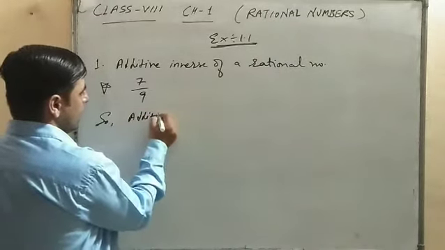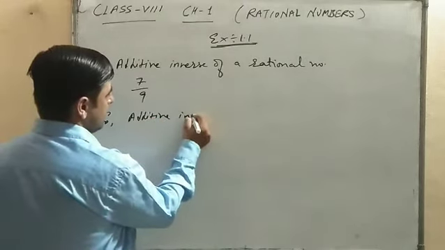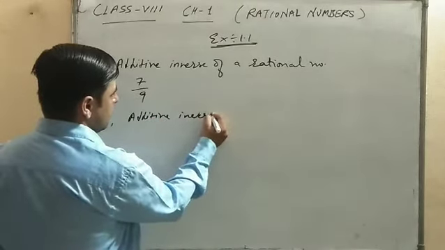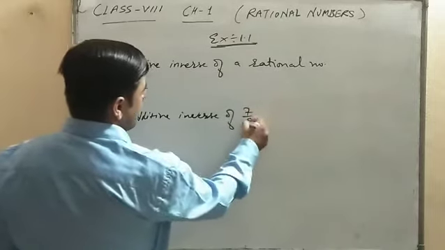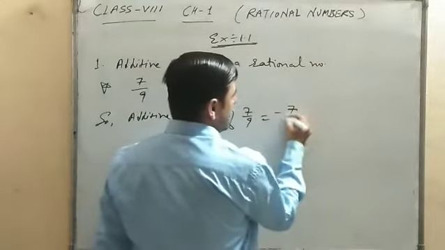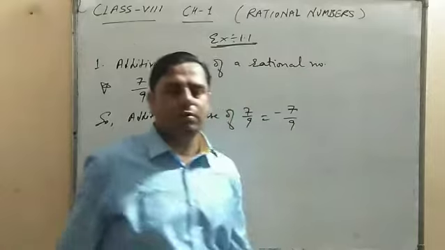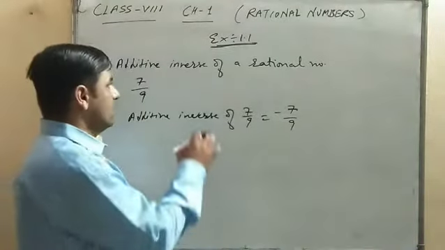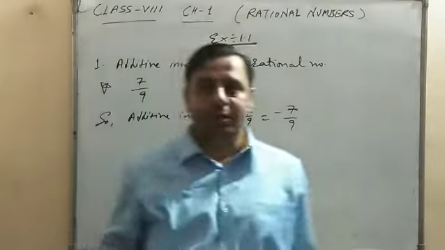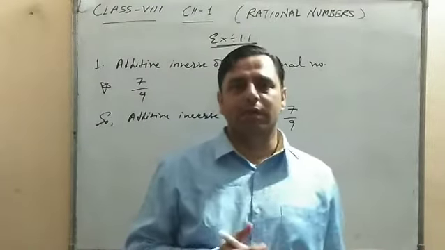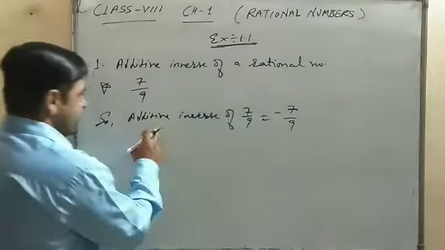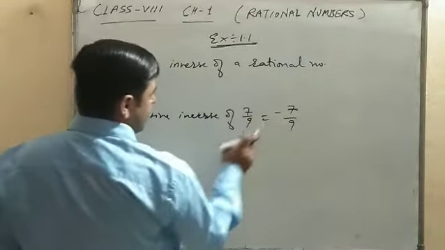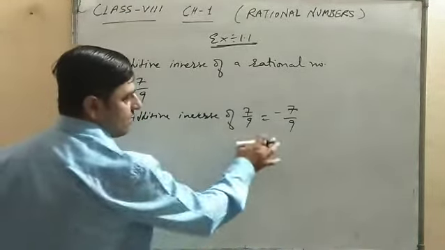Additive inverse of 7 upon 9 is equal to minus 7 upon 9. You know very well because it is already discussed in the last meeting, in the last part. So additive inverse of 7 upon 9 means minus 7 upon 9.